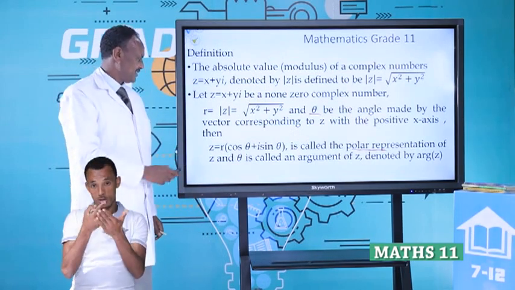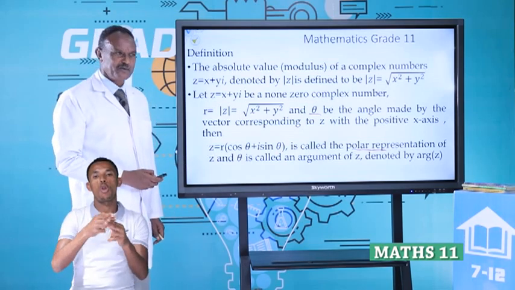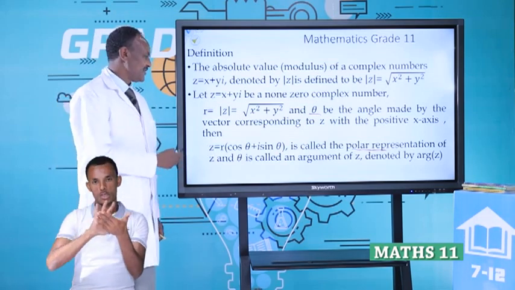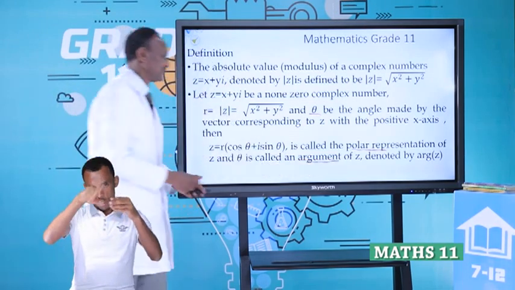In this representation, r is the modulus of the complex number, and theta is the argument of the given complex number.